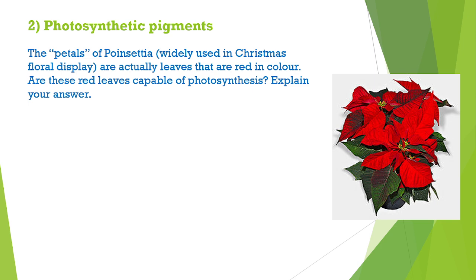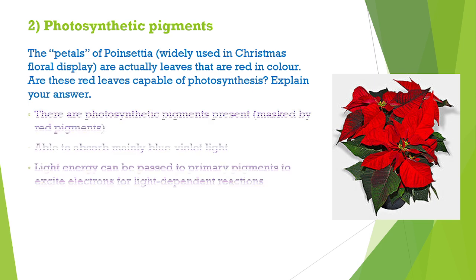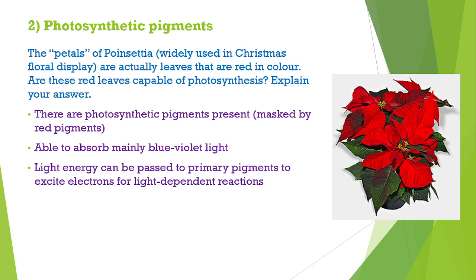So think about it. Right, so the answer is yes, they are. There are still photosynthetic pigments present. It's just that there's so much of these red pigments that we can't really see the chlorophyll green color. But they are present. And also, since the leaves reflect red light, of course we see them as red.